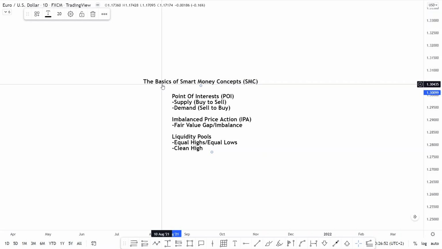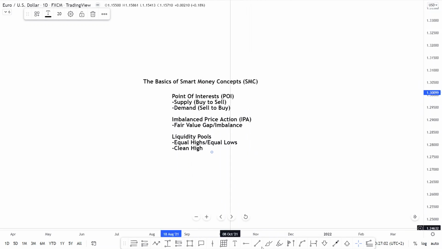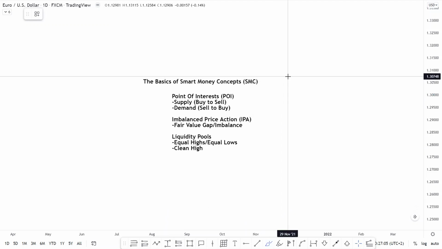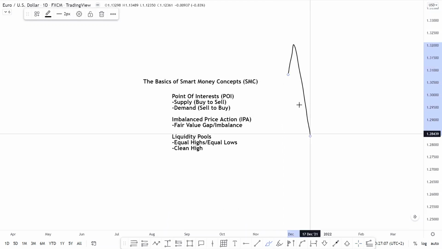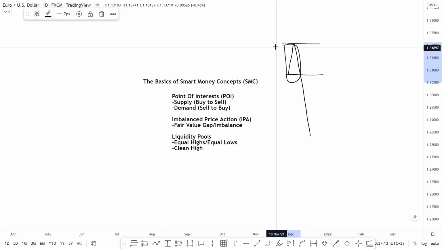It's basically the supply and demand levels that you have in the market. A supply area is an area whereby you had a buy to sell, which implies that you had an up move and then a down move. Then the last candle to make the up move is your supply zone, right?